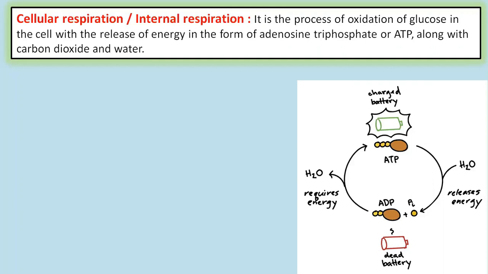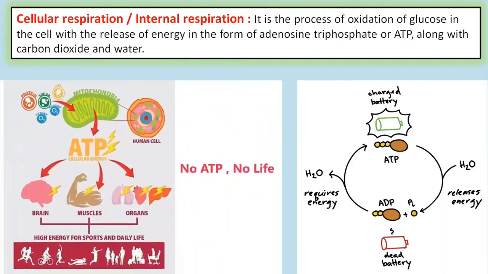Adenosine triphosphate or ATP is the principal molecule for storing and transferring energy in the cells. It is often referred to as the energy currency of the cell, and hence any activity inside the cell is carried out by the release of energy by these ATP molecules.